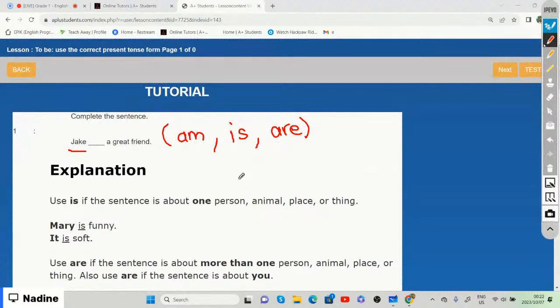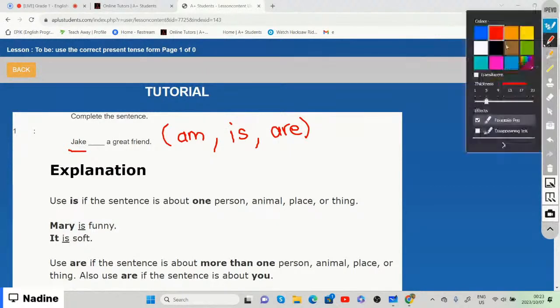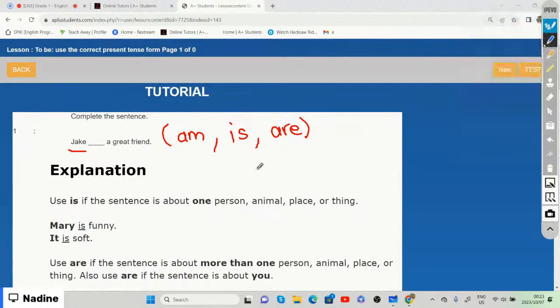All right. So if we identify or choose the correct word, then we will say, Jake is a great friend.